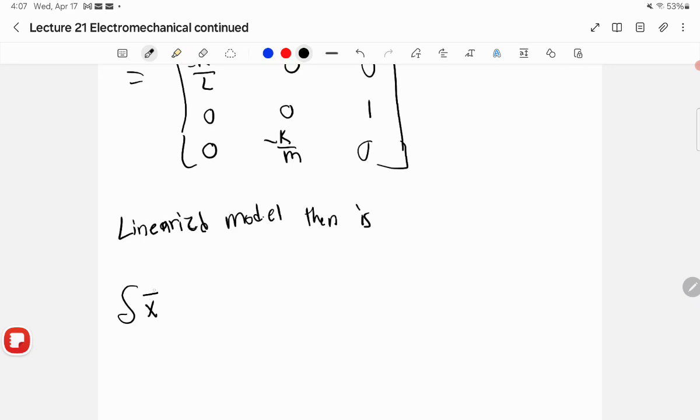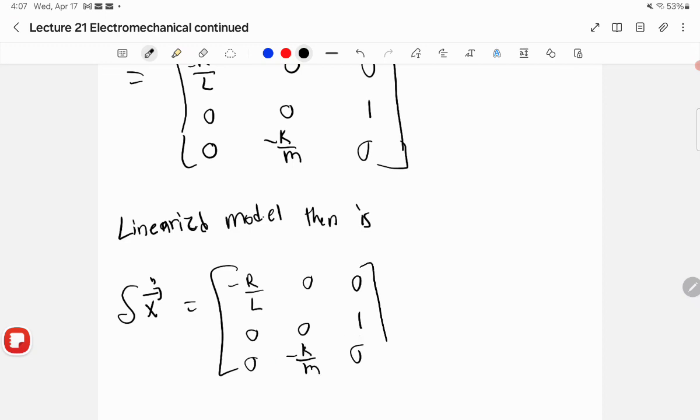Delta x dot is equal to minus r over L, 0, 0, 0, 0, 1, 0, minus k over m, 0, delta x, plus this one was, I didn't show it, but this was pretty easy, times delta u.